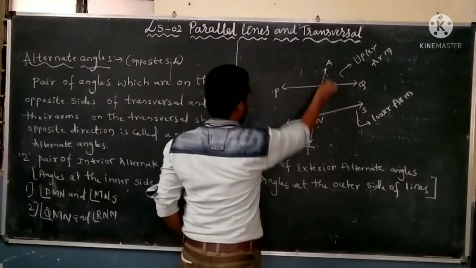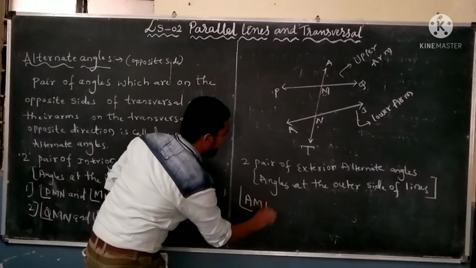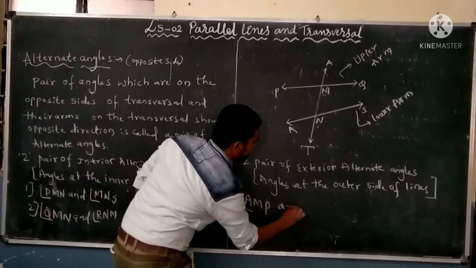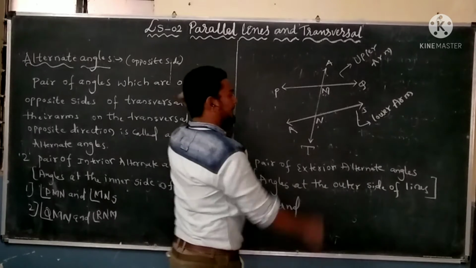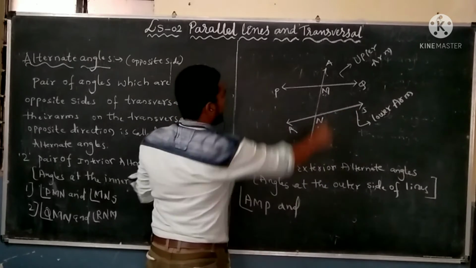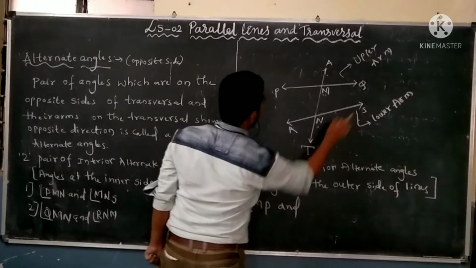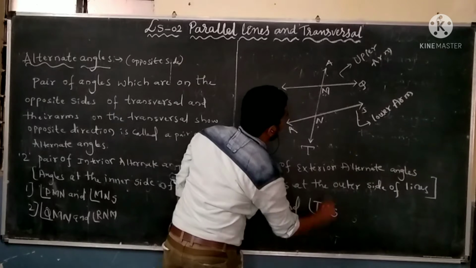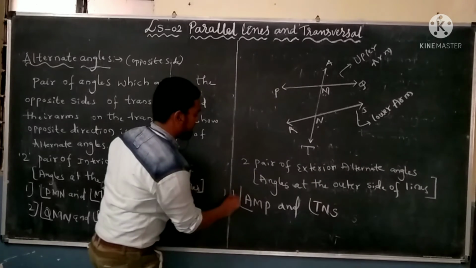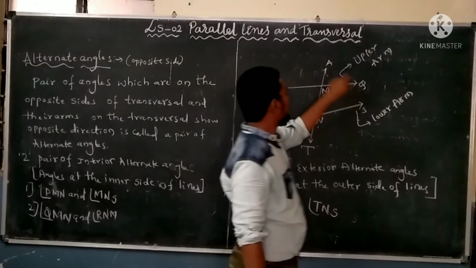Okay. Angle AMP, and its opposite is angle TNS. This is the first pair, and the second pair is angle ANP.